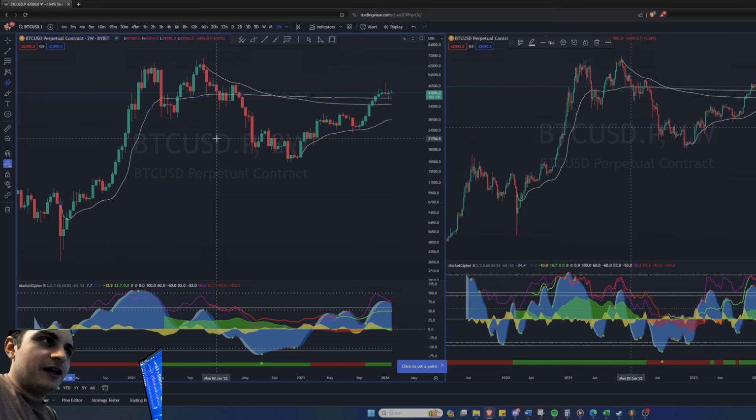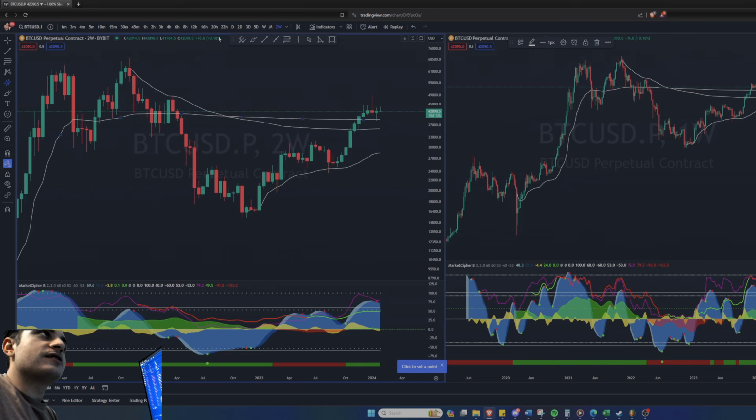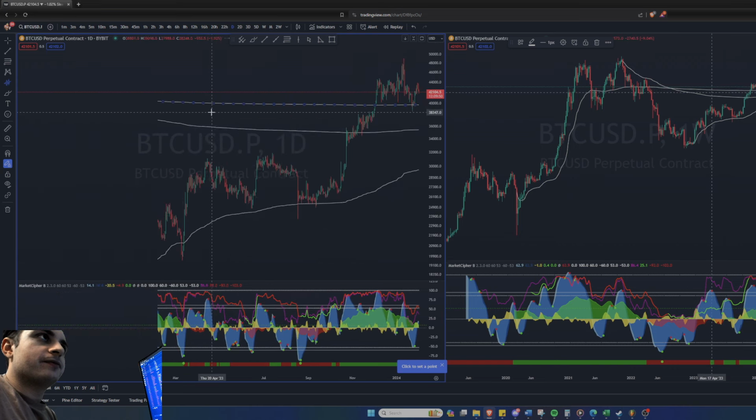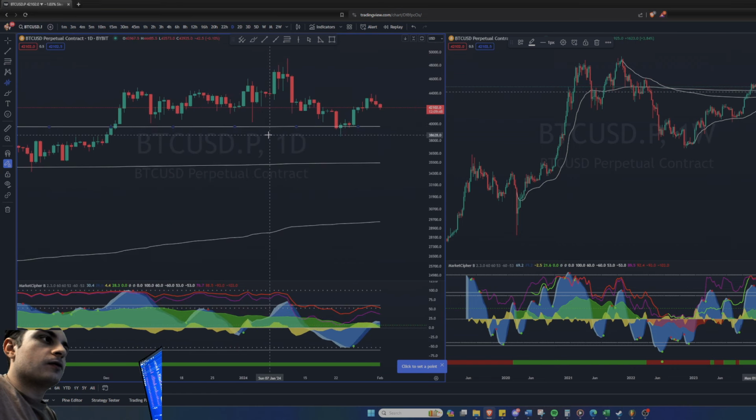Yeah, another great macro VWAP to look at is the year to date VWAP. So we want to go to, let's see, let's go to the daily chart, and we'll just go to the first of the year. Boom.